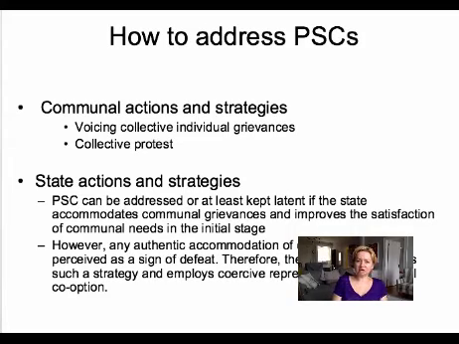Communal action and strategies that can be done by the communities themselves to address the protracted social conflict are voicing collective and individual grievances and collective nonviolent protests.